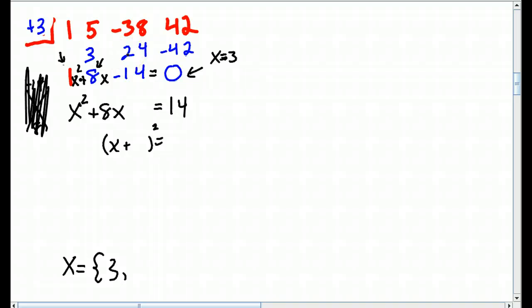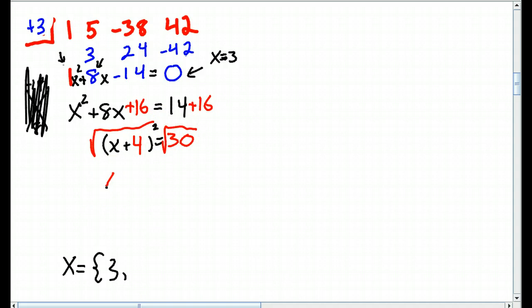So half of 8 is 4. 4 squared, 16. 14 plus 16, 30. Square root. So we have x plus 4 equals, now does root 30 reduce?